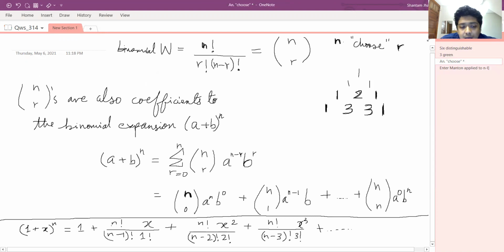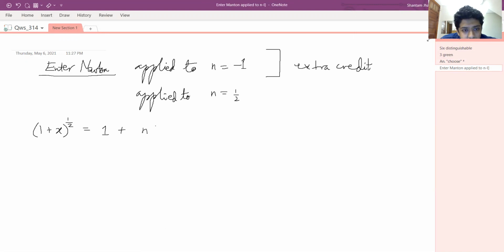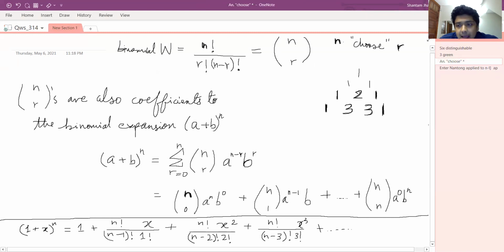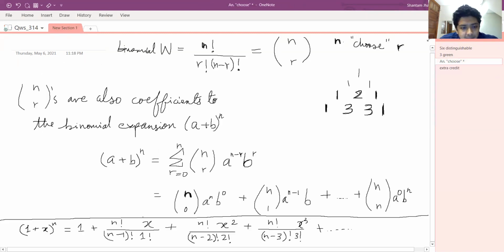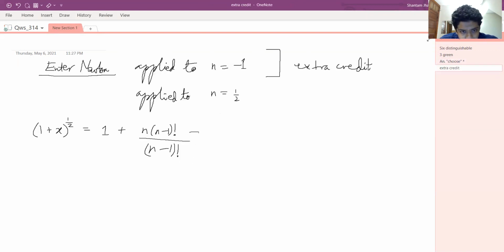All right, how can I write this better? N factorial can also be written as n times n minus 1 factorial. Isn't that true? 6 factorial is the same as 6 times 5 factorial, right? N times n minus 1 factorial is the same as saying n factorial. And I've got my n minus 1 factorial in the denominator, and I've got x here, okay? So these factorials are going to cancel to give me n x.